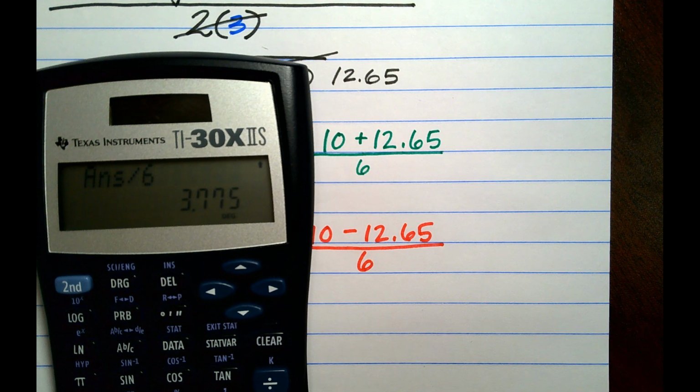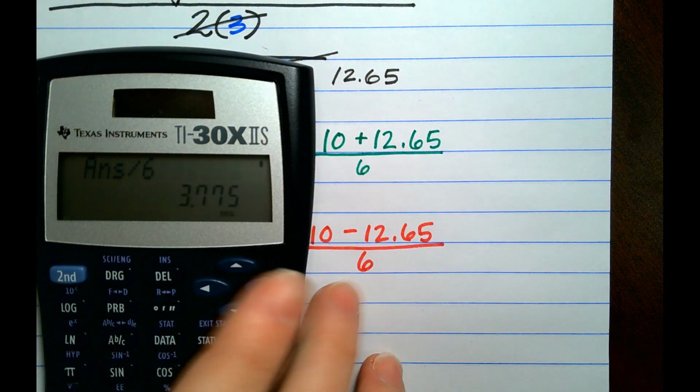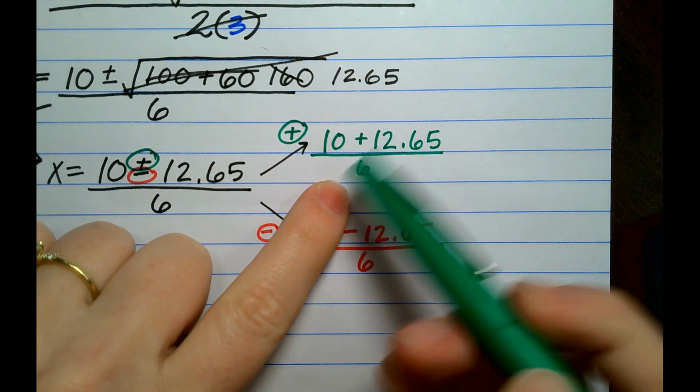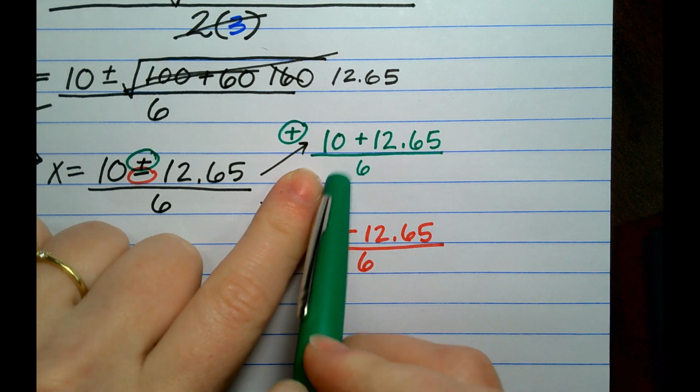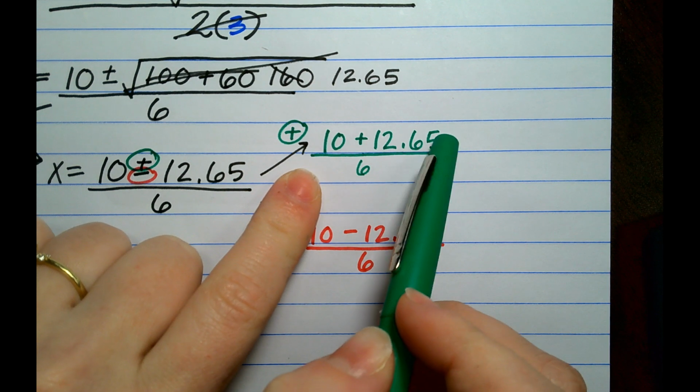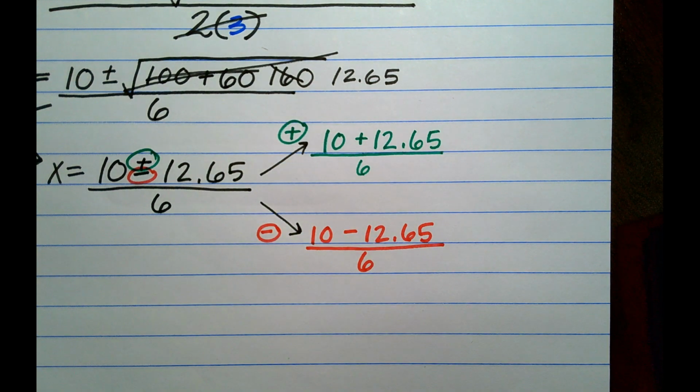Oh, okay, I'm actually so glad that you said that, because this is something we need to talk about. Why can you not type in your calculator 10 plus 12.65 divided by 6 all at once? Does anybody know why that won't work? Order of operations.